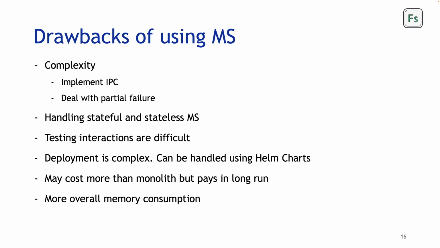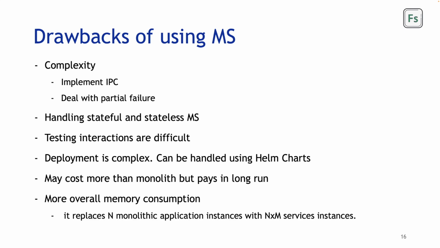More overall memory consumption, that is true. Let's say you have a monolithic application where you have n servers, but now what you did is you took these n servers and brought in m services here. Now let's say these n servers need a JVM, they run on the Java virtual machine. Now all these n into m services will need a JVM, right?